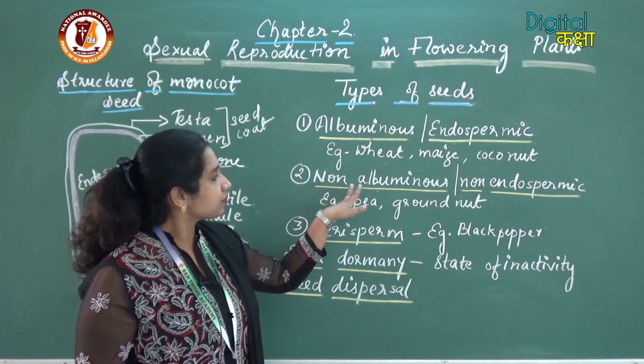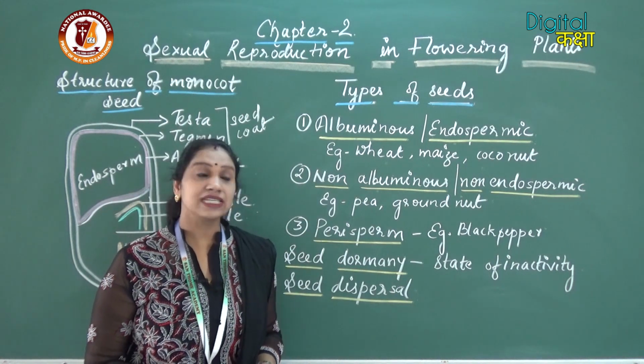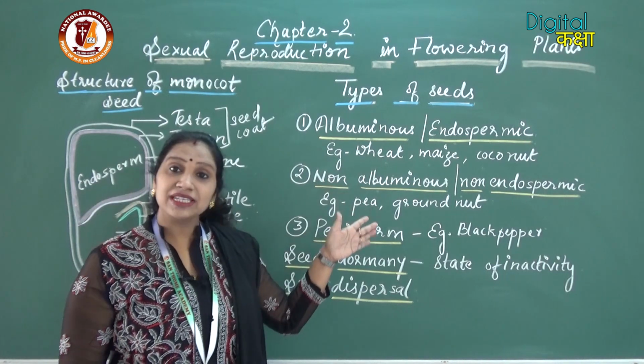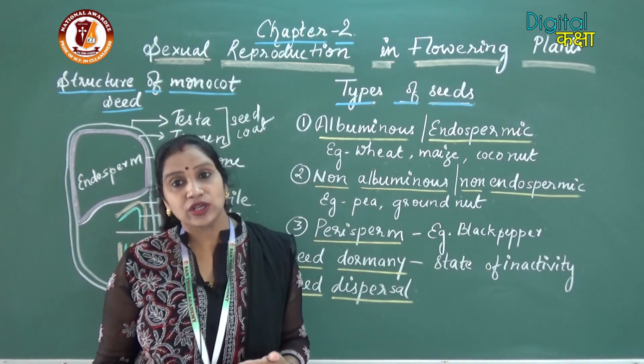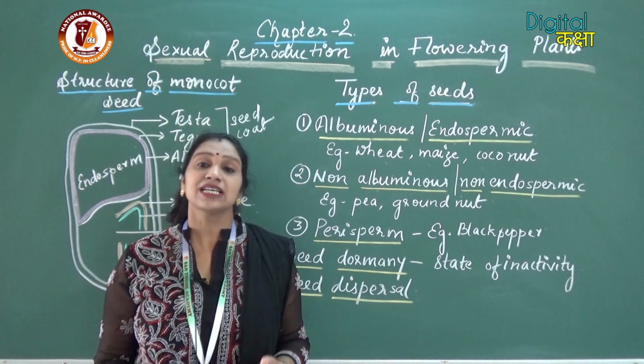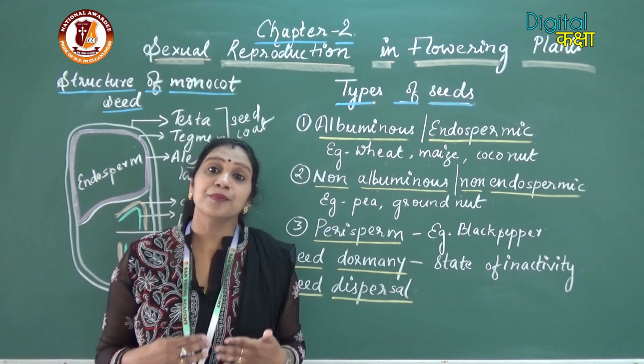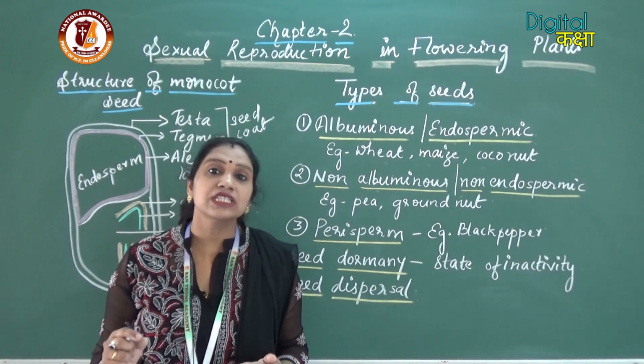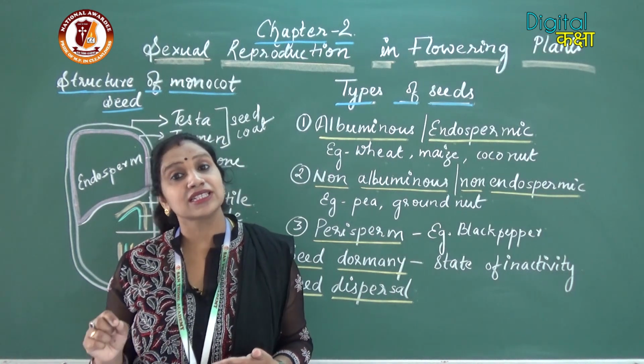Now the second type is non-albuminous seed or non-endospermic seed. As the name indicates, non-albuminous, non-endospermic means that the endosperm is completely consumed by the embryo. So there is no residual endosperm in the seed.